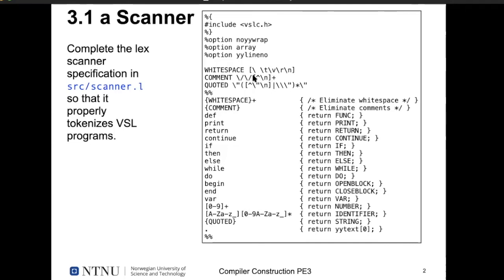Then these brackets group this, and then we have a plus. So it has to start with 2 slashes, and then until we read a new line character, this would match the remaining part of the regular expression. This has the result that everything from the start of our 2 slashes to the end of the line matches our comment. And like with white space, we just ignore it.